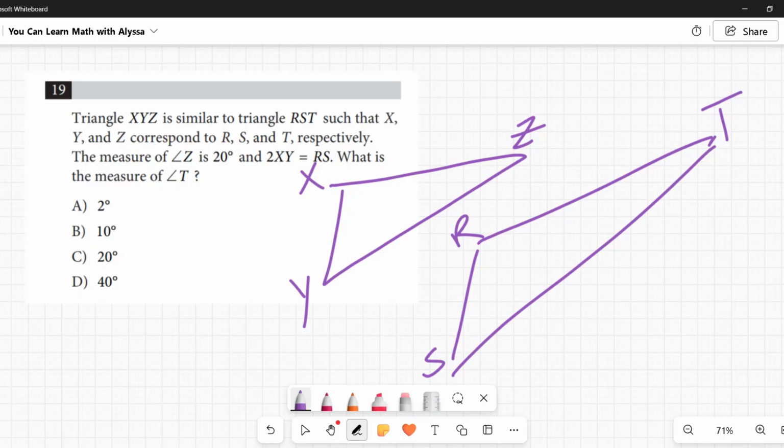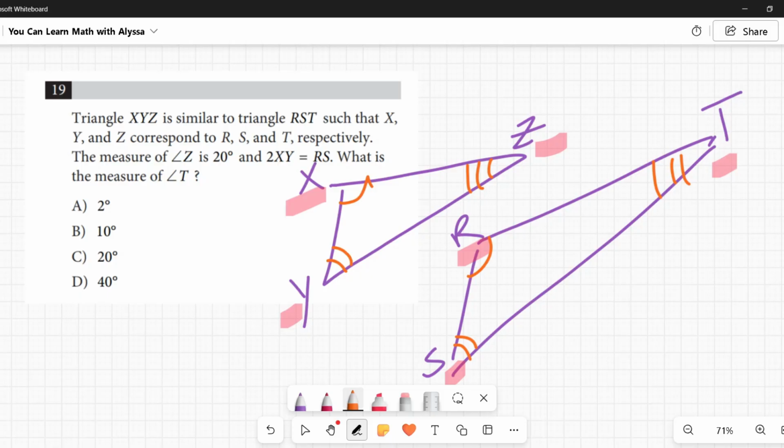So triangle XYZ is similar to triangle RST, and X, Y, and Z correspond to R, S, and T. I've oriented them the same way in space so we can see the correspondence. Similar triangles have corresponding angles that are congruent.